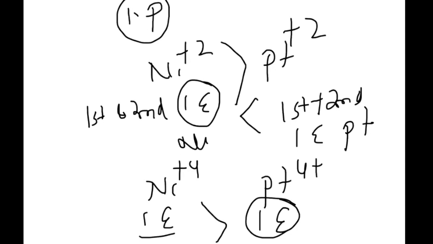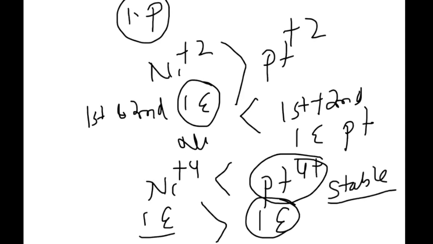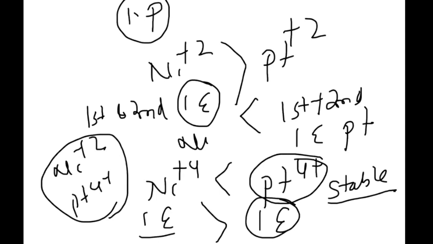So platinum 4 plus is thermally more stable than nickel 4 plus. You remember this point? Nickel 2 plus and platinum 4 plus are thermally more stable.